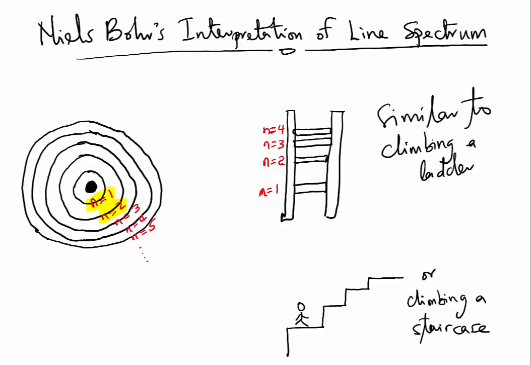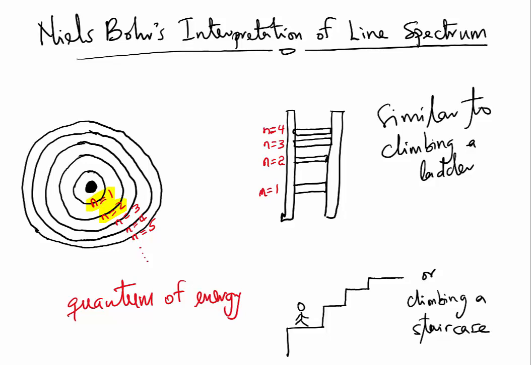Now, the electron can move from one energy level to another, but when it does that, it will have to absorb or release a quantum of energy.